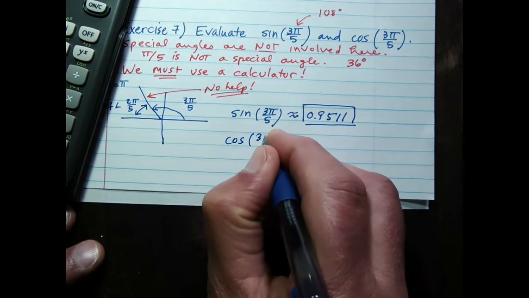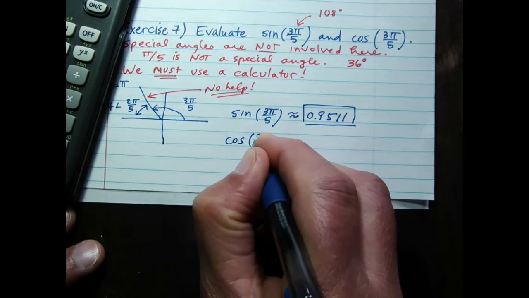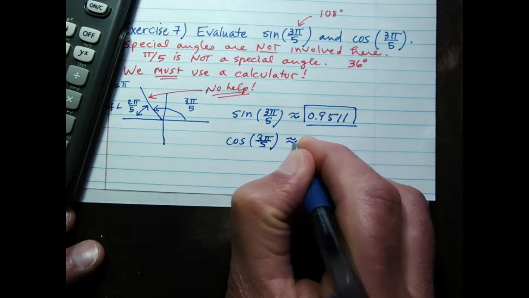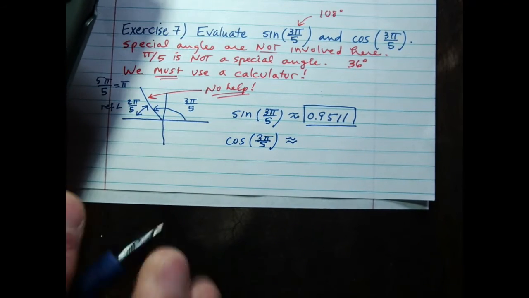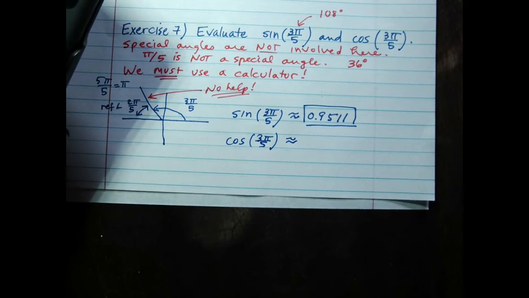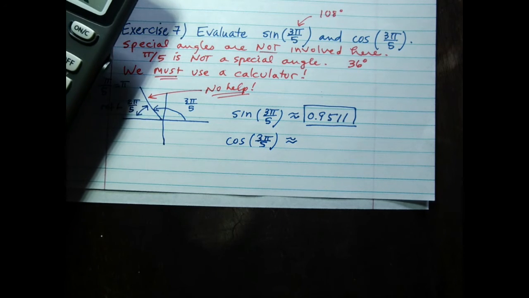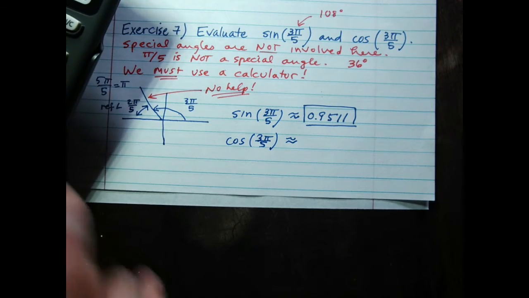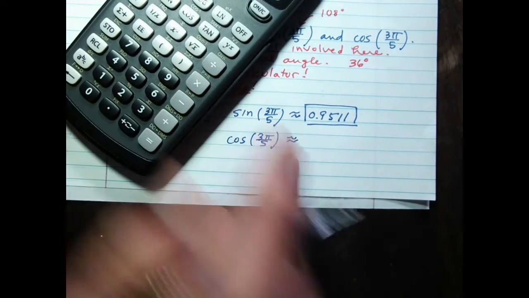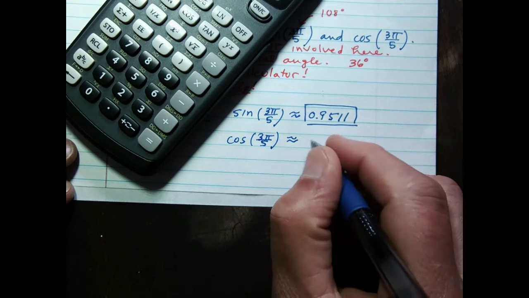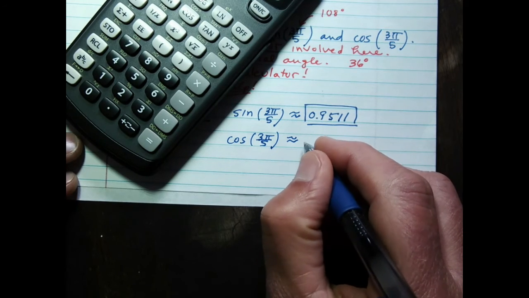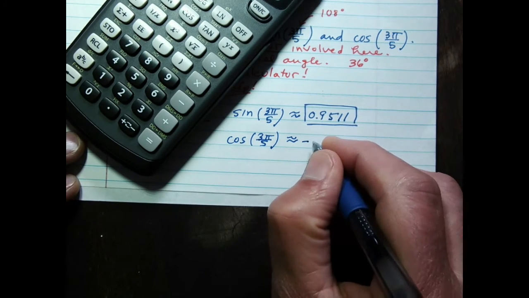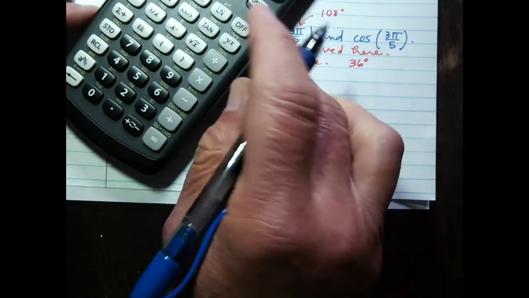Cosine of 3 pi over 5 is the same thing. And so I'm going to do 3 times pi divided by 5 again, and hit cosine, and there's my cosine value. So notice the calculator, you don't have to tell it the quadrant. It just knows sine is positive, cosine is negative.